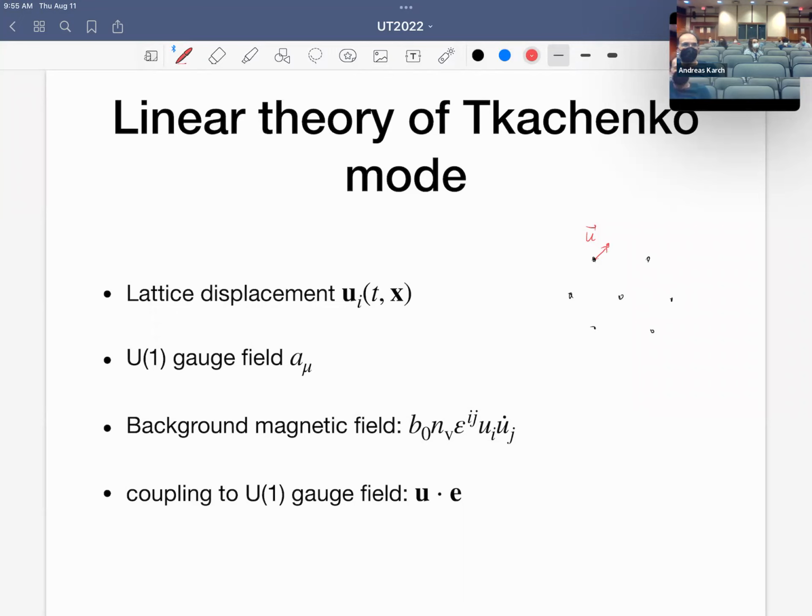The one that is important is the coupling of the particle to a U(1) gauge field, U dot E. If I have a charged particle displaced by amount U, that causes a dipole moment proportional to U. This dipole moment is coupled to the electric field, so it's like U dot E. We will see that this is the one that explains the quadratic dispersion relation.